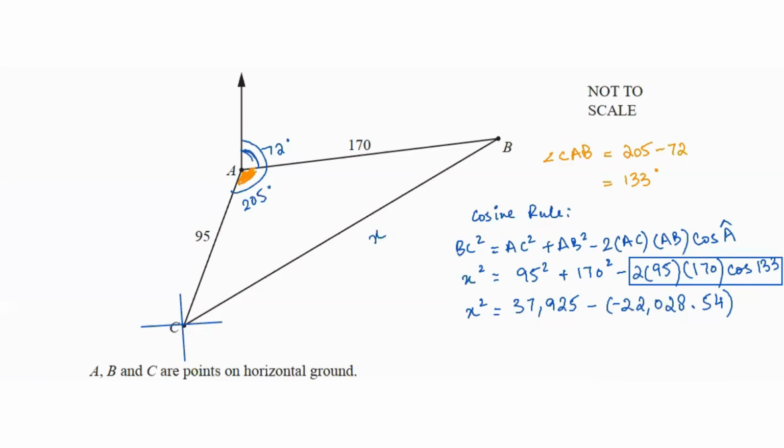So 37,925 plus 22,028.54 is 59,953.54. We take the square root on both sides.